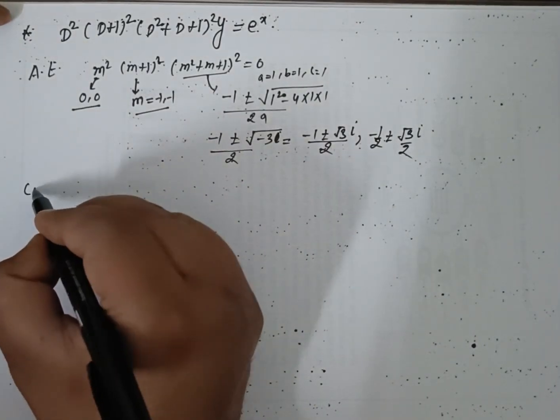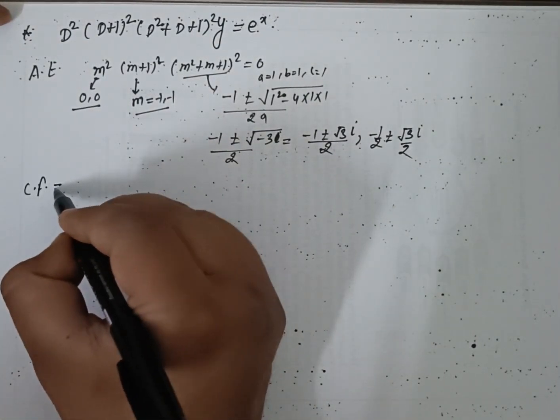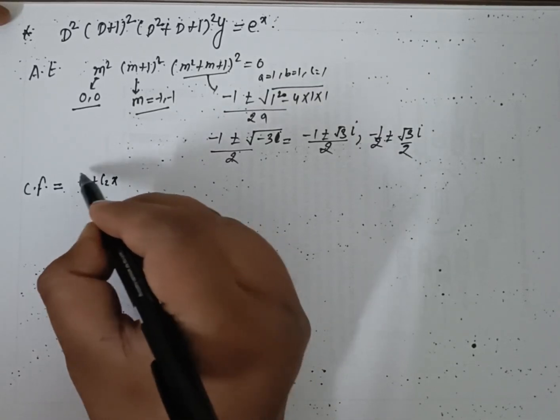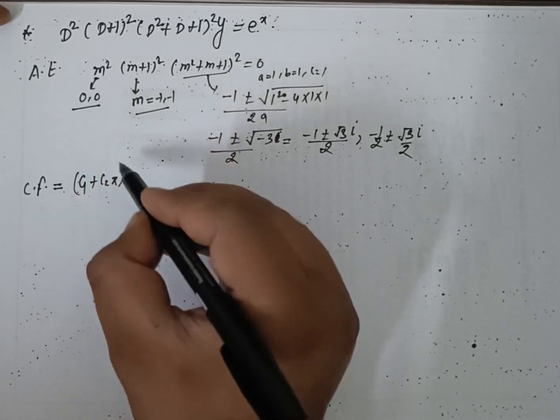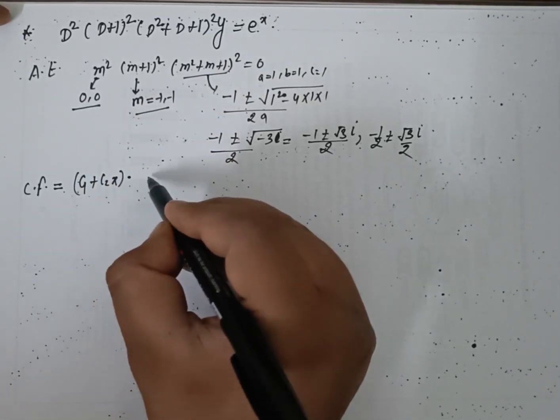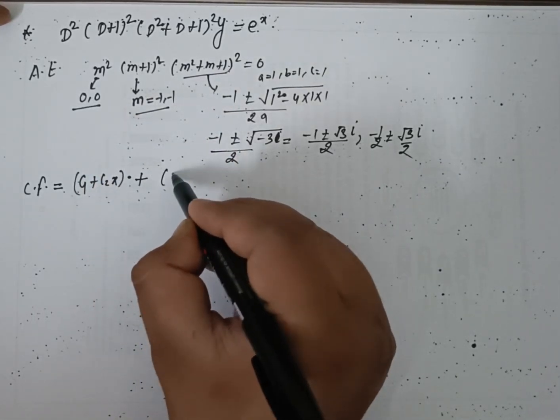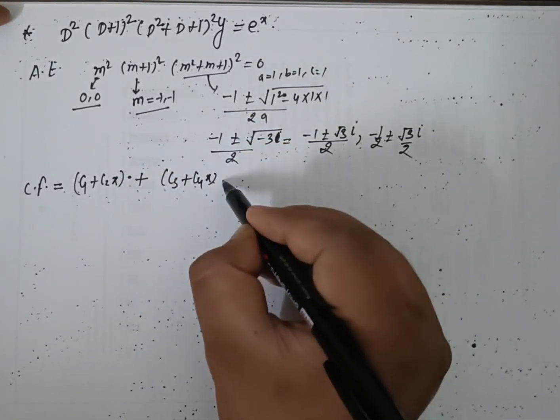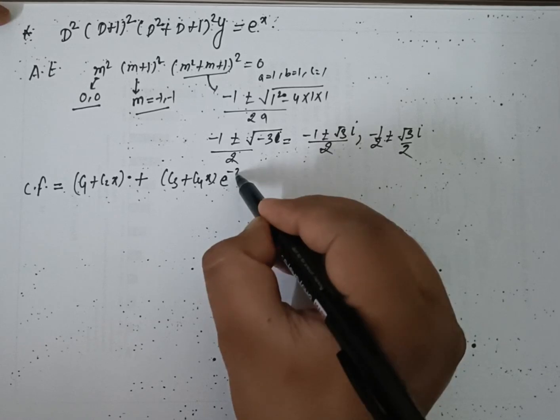So the complementary function will be decided and written very carefully. So (c1 + c2x) and e^(0x) means 1, okay, and then plus (c3 + c4x) for these two roots e^(−x).